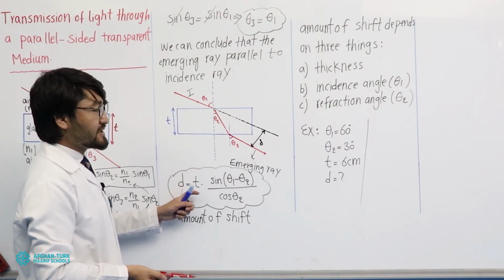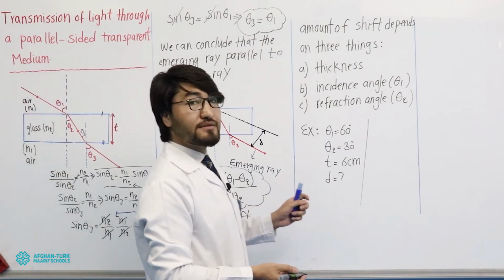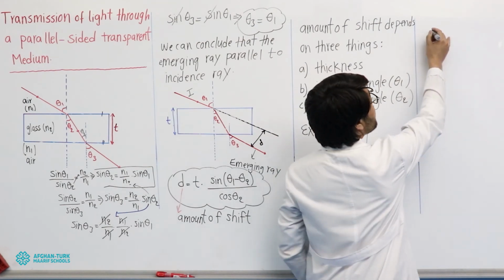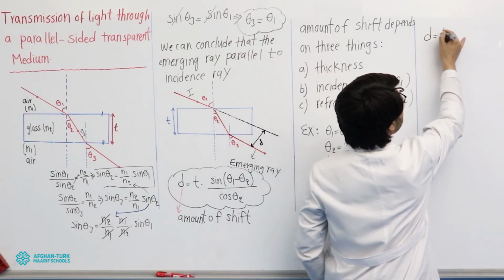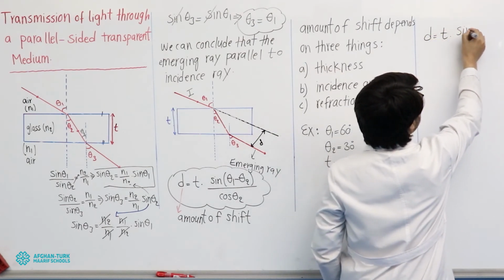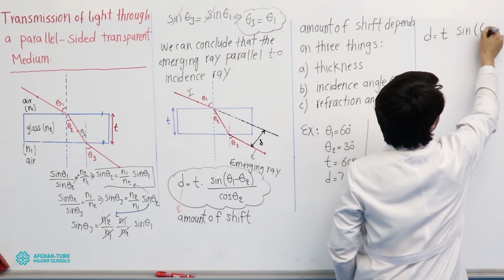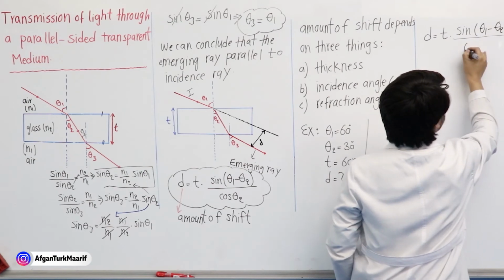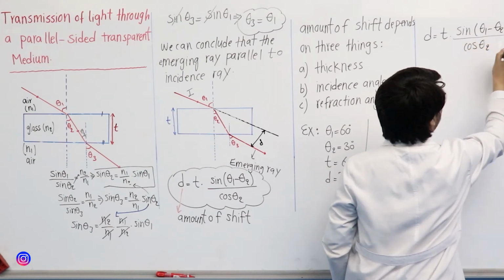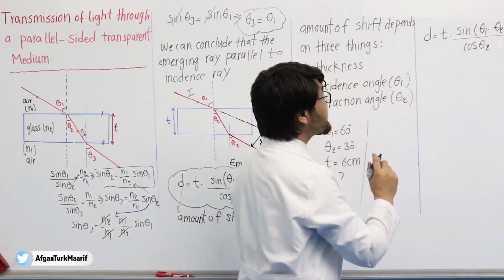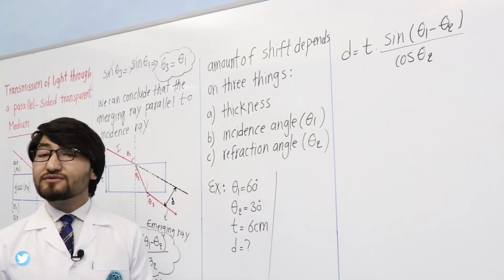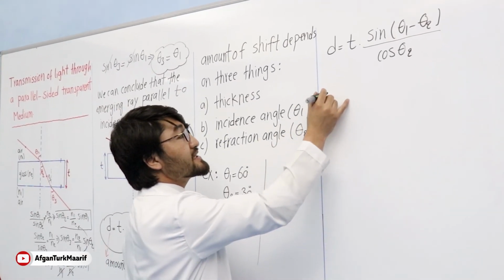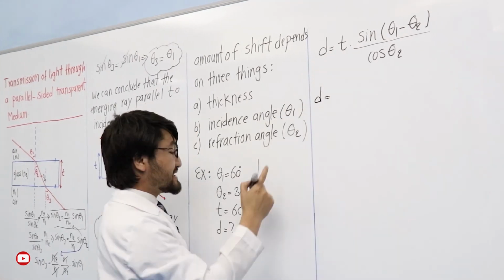We have this formula: D is equal to T times sine of theta 1 minus theta 2 over cosine theta 2. We have this formula for finding the amount of shift. D is equal to, what is T? Thickness.